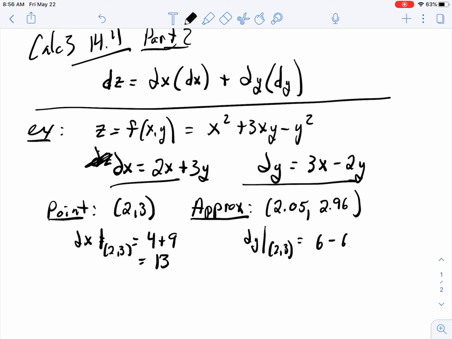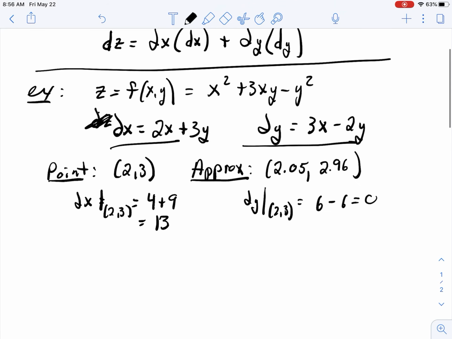Is that right? Looks like 0. Just double checking myself. Okay, so the equation of this would be dz.